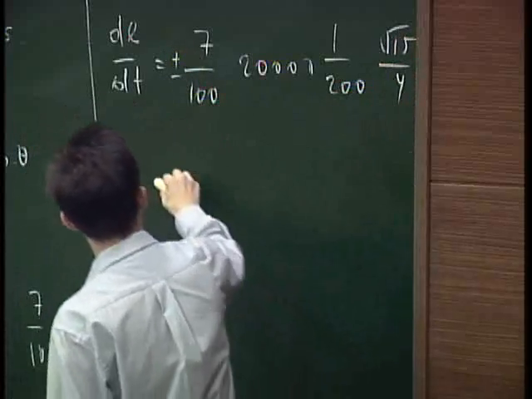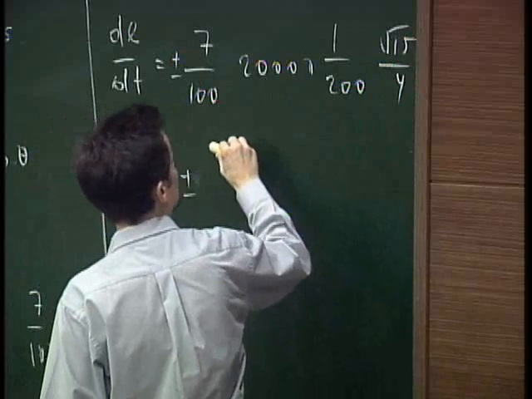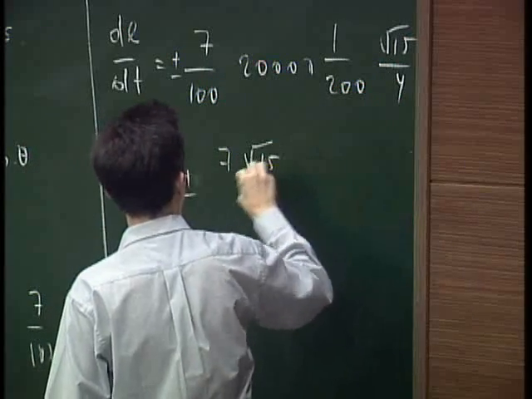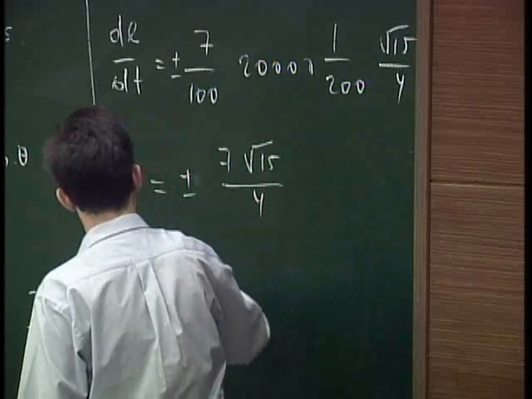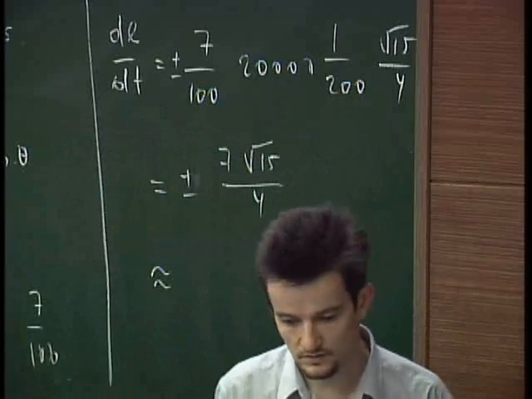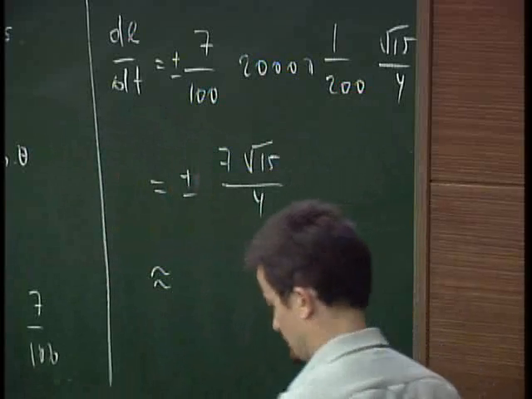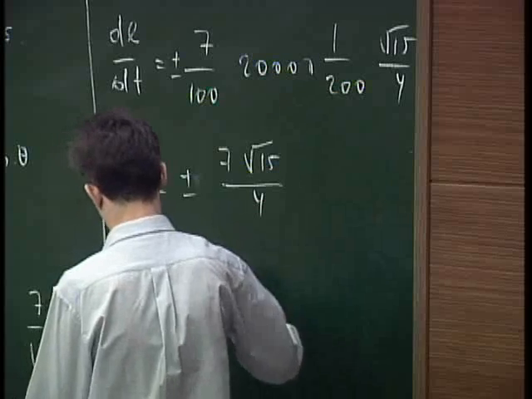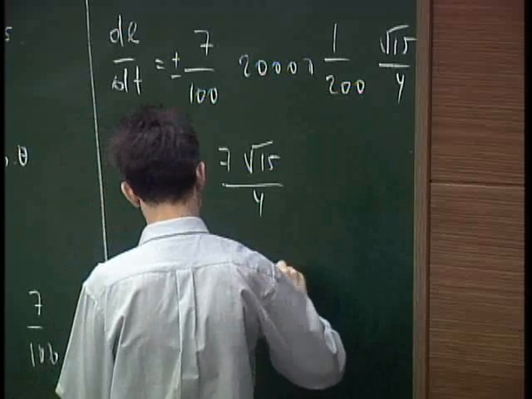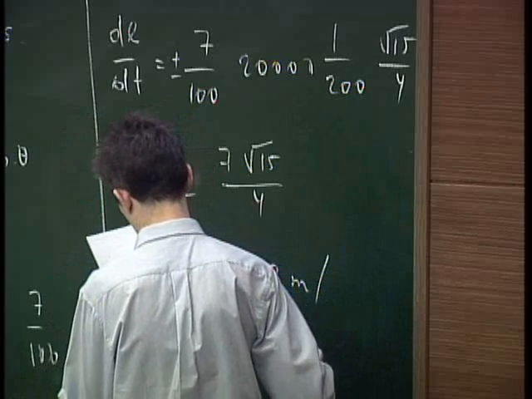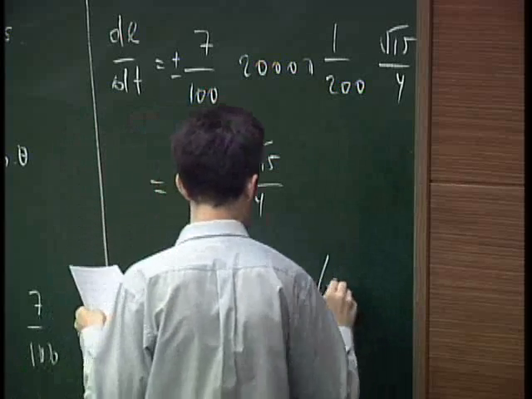So what you get is plus minus 7 square root of 15 over 4, which is plus minus 6.78 meters per second.